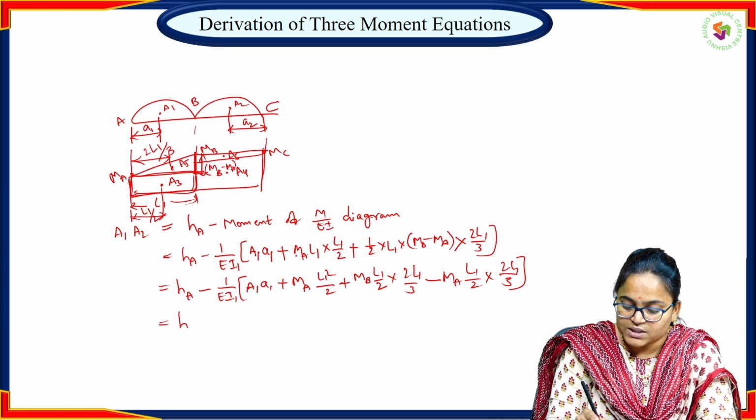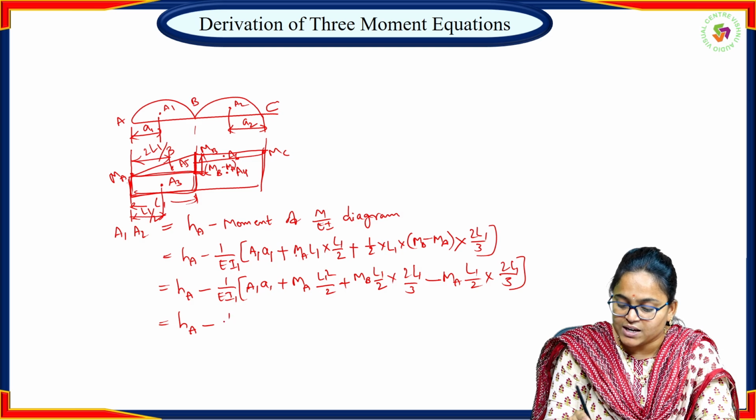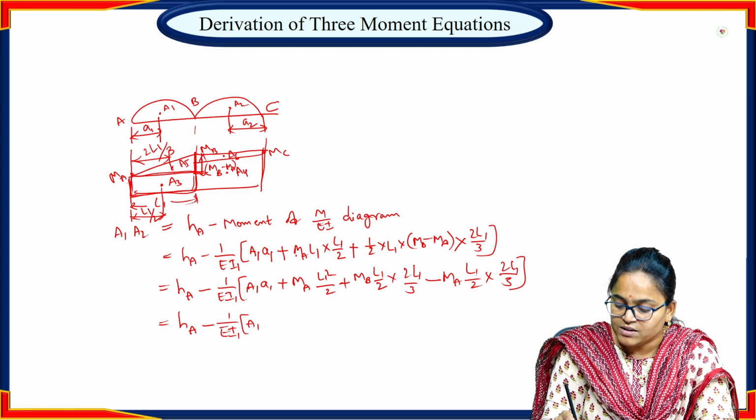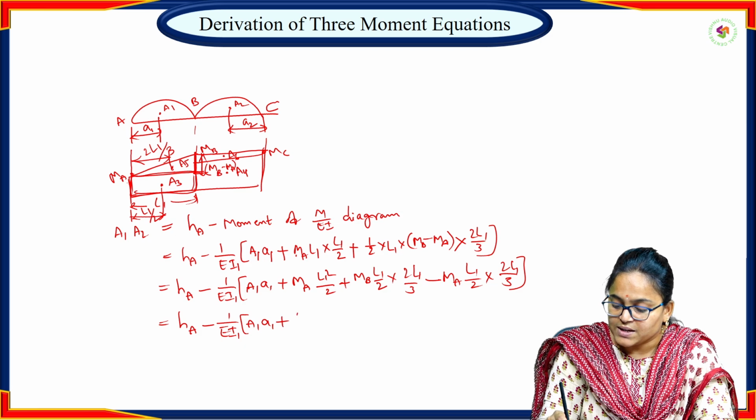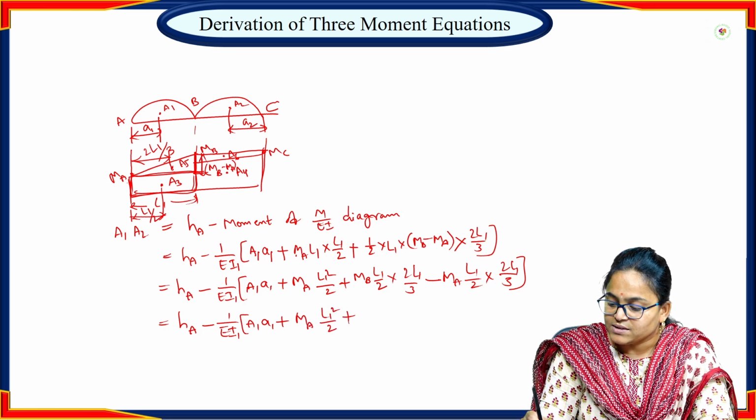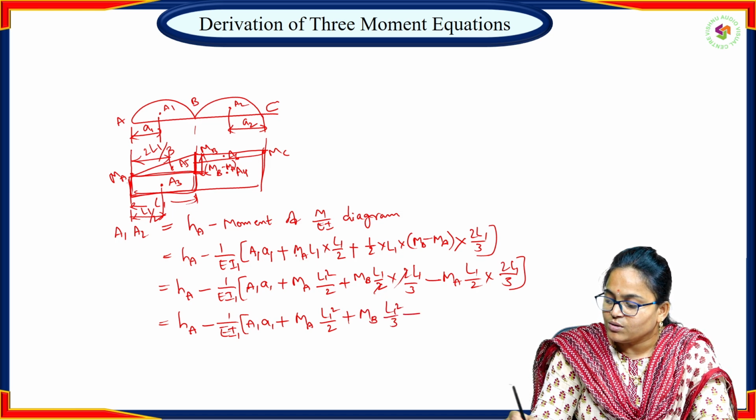Now this can be written as HA minus 1 by EI1 into A1 small a1 plus MA into L1 square by 2 plus MB into L1 square by 3, minus MA into L1 square by 3.